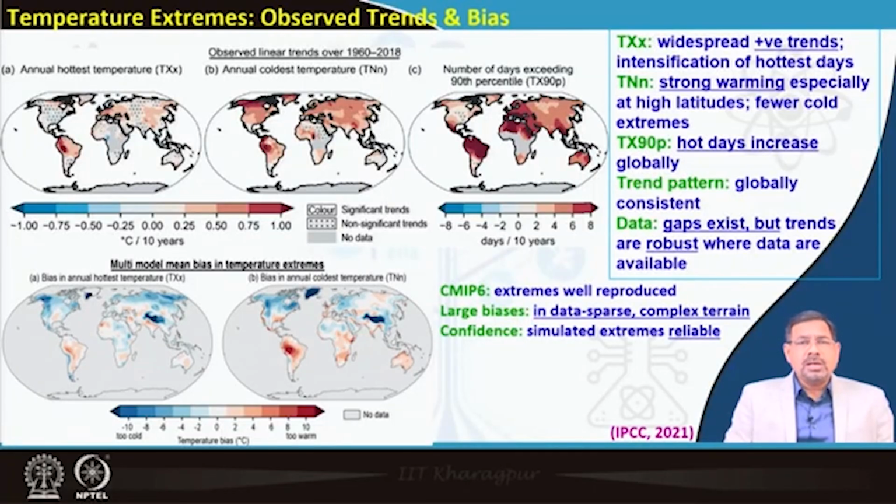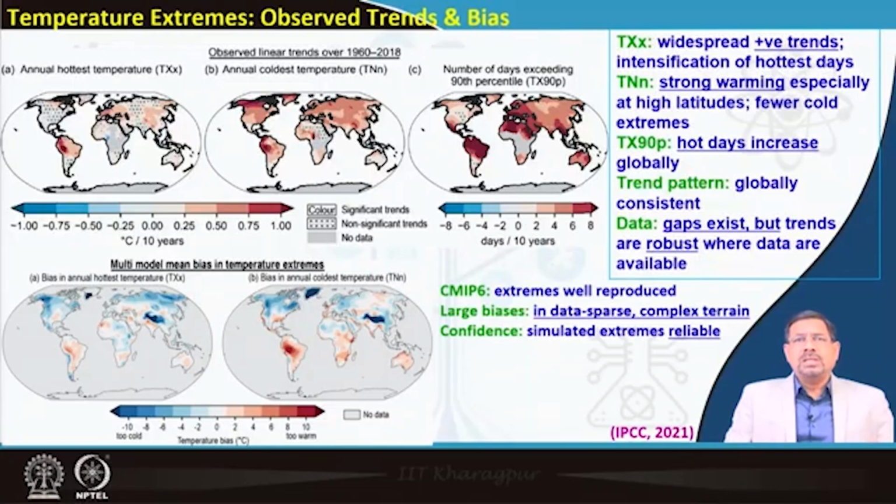Now let us see the simulated one, the multi-model mean bias in temperature extremes. Here, in the lower left, you see the bias in the annual hottest temperature, and in the lower right, the bias in the annual coldest temperature. So, we interpret the observed trend in terms of what kind of bias there can be.